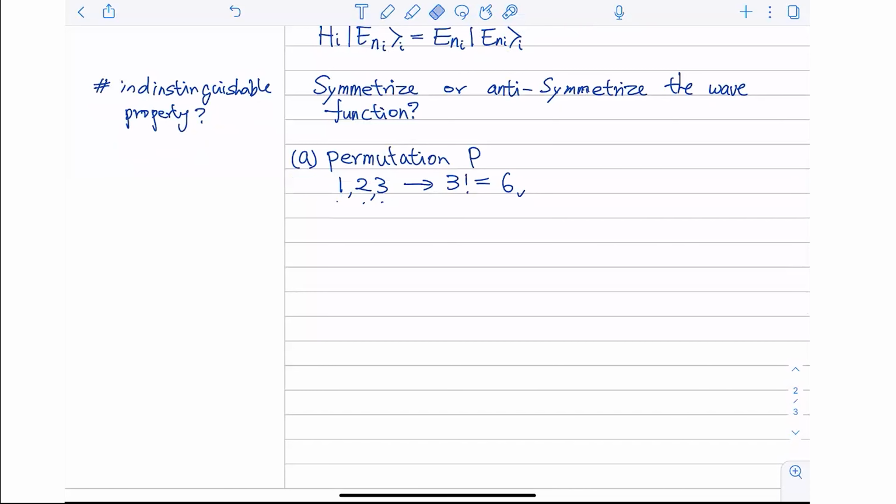Okay, and for each permutation P, we provide a number to characterize its property.